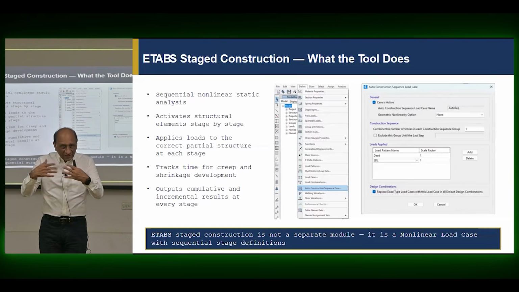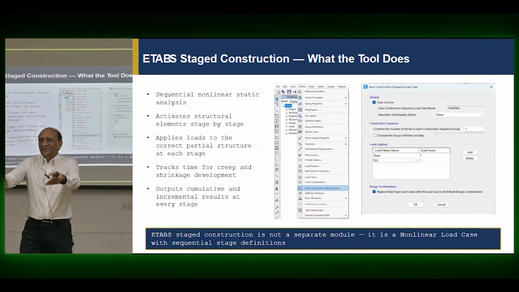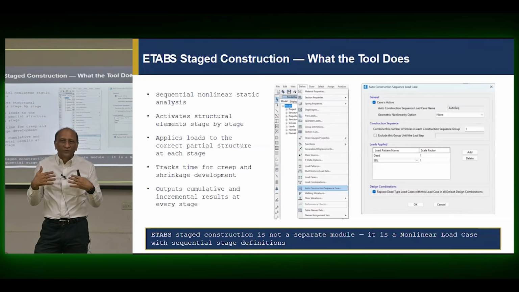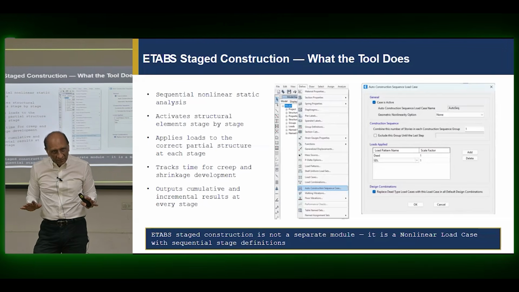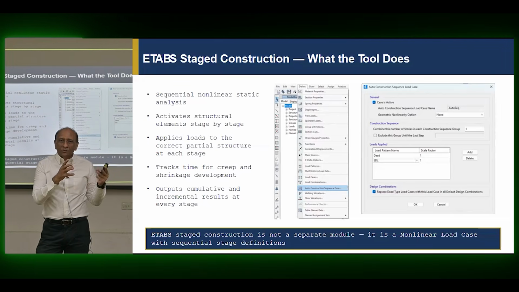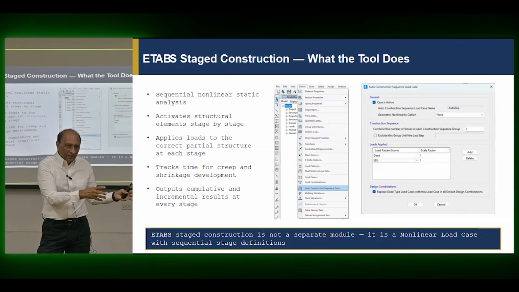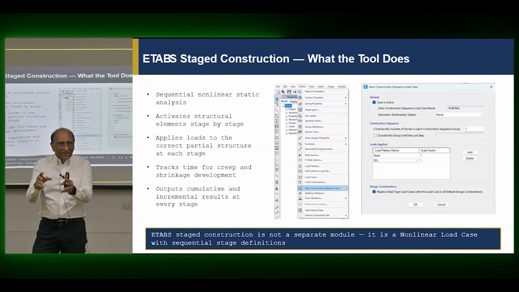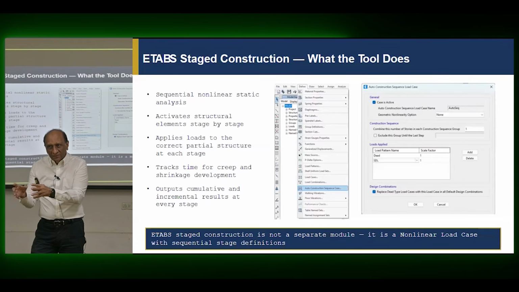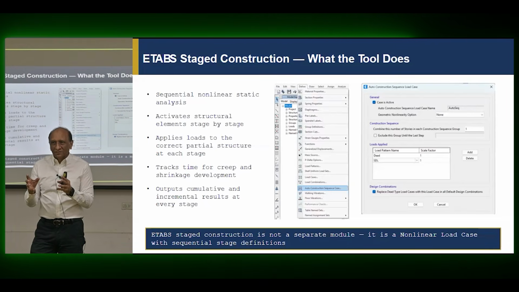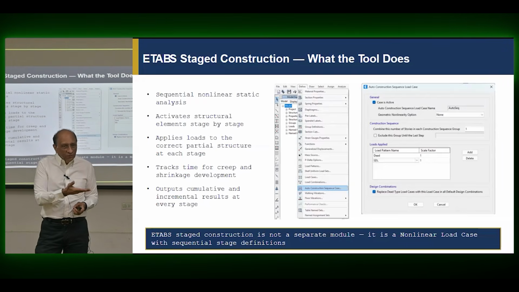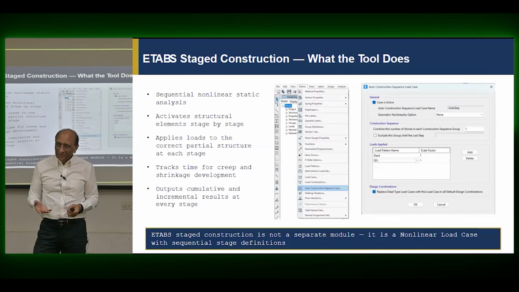In one stage, you add those columns, then after that stage is complete, or 3 stages are complete, you come back and remove that group. So it's very simple. Logic is very simple. Structural elements have groups. Each group can be added or removed. Load can be applied or removed. Section properties can be changed during a stage. That's it. Everything else, you just follow that, and then you run it.